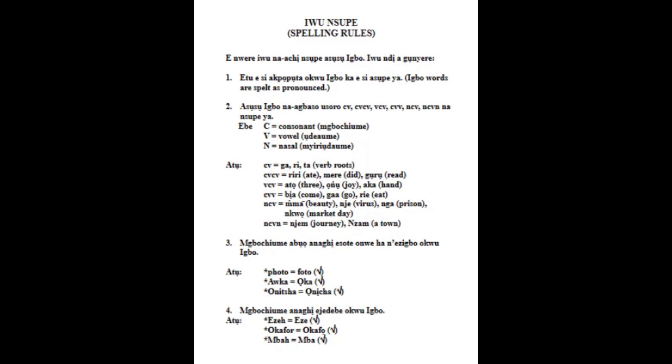Ato means examples. So CV, we have ga, ri, ta. These are all verb roots. CV, we have ri, it means eight. Mere, it means did. Goro, it means read. VCV, we have ato, three.